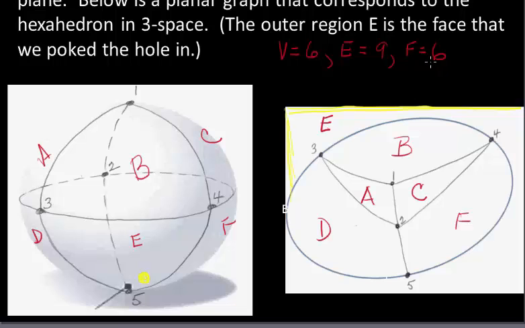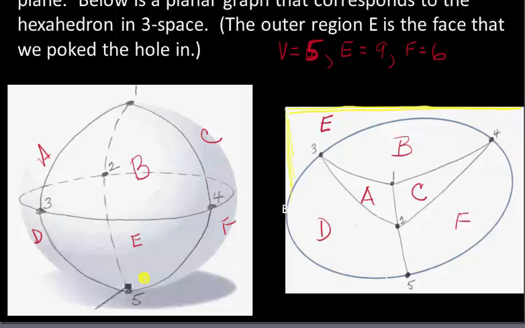Whoops, I miscounted there. Sorry about that. I'm not going to go do the whole thing over. The vertices were 5. Go back and look at the hexahedron. You'll see vertices were 5, edges were 9, faces were 6, and so V plus F is 11 minus 9 is 2.